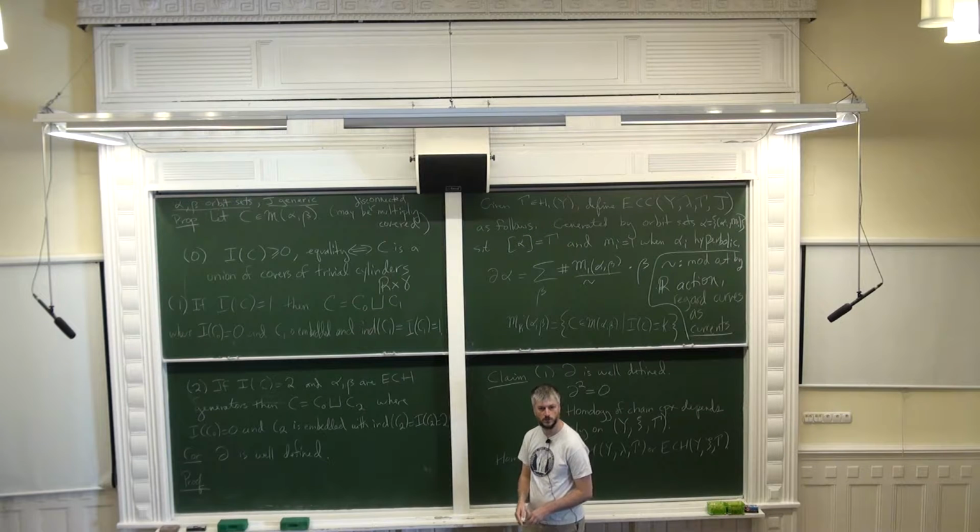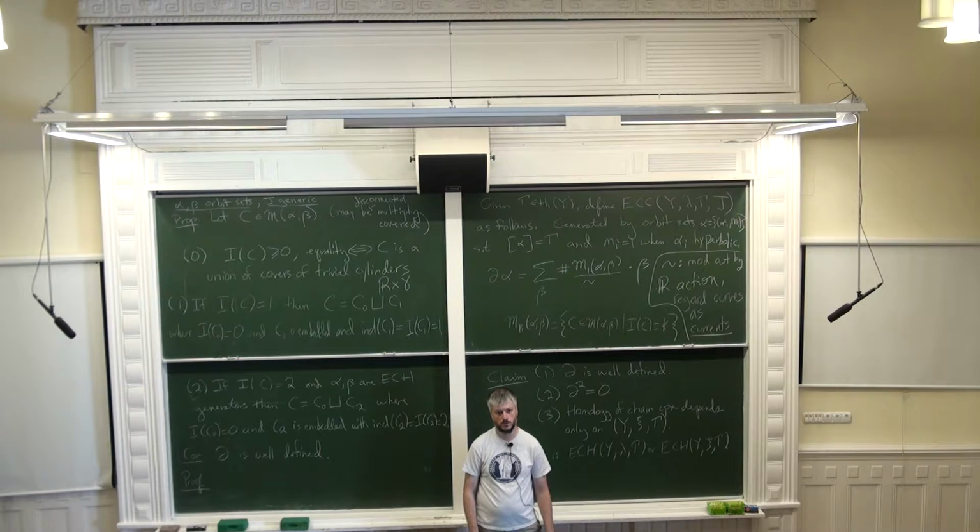Yeah? Are you allowed to have a disconnected curve with two pieces of index 1? Sorry, say it again? In case 2, C2 can be disconnected with two pieces of index 1. Those things appear when you define the U map.